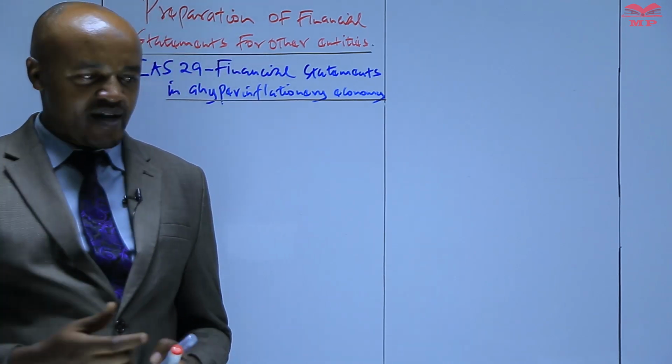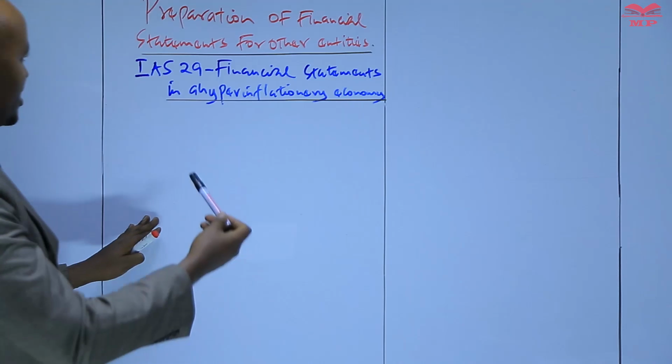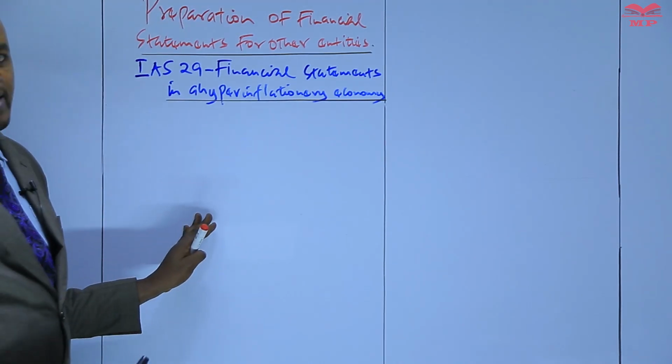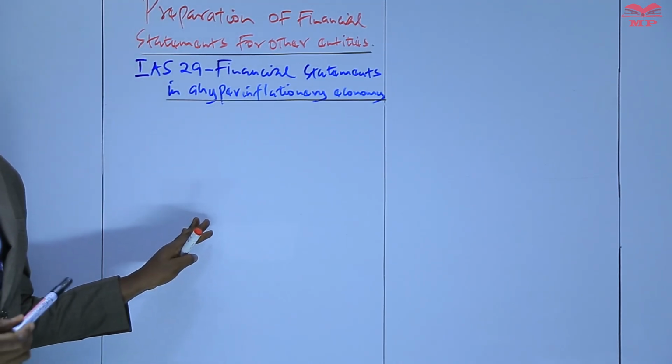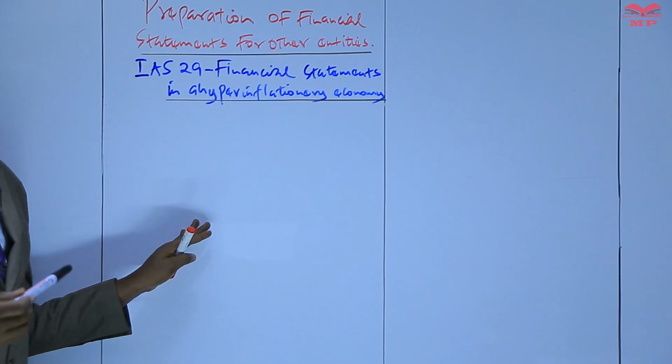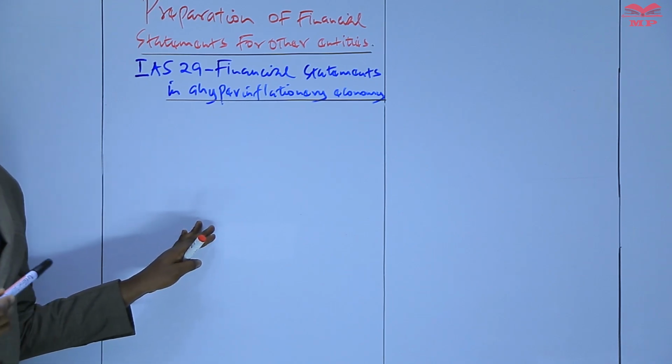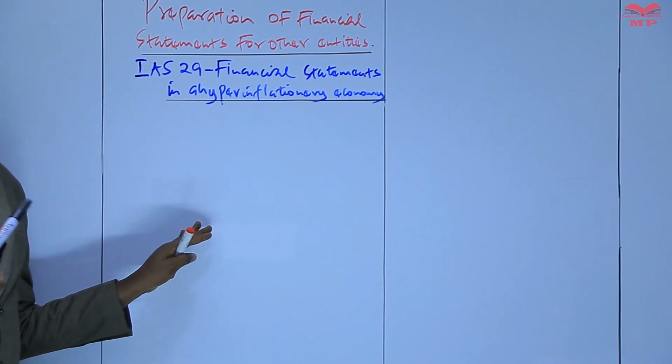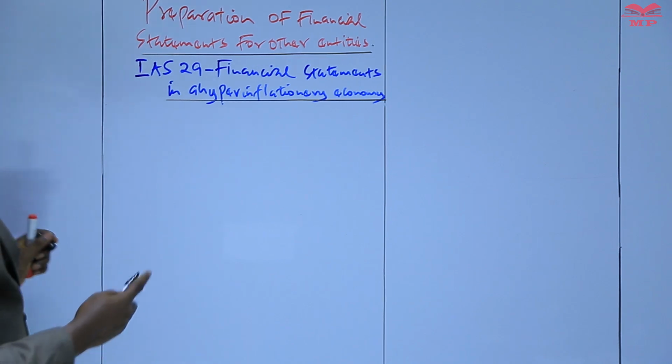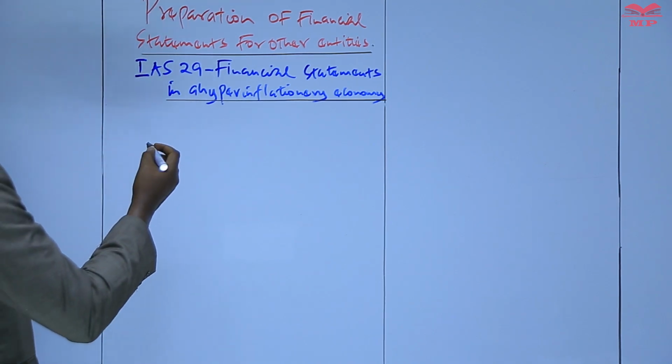So therefore, this particular standard, International Accounting Standard number 29, establishes the guidelines for financial reporting by entities operating in what? The hyperinflationary economy.